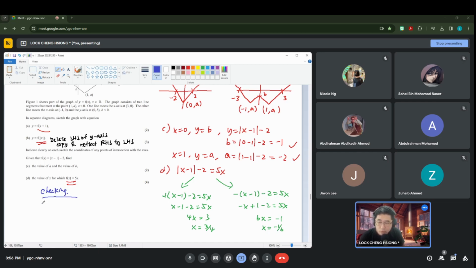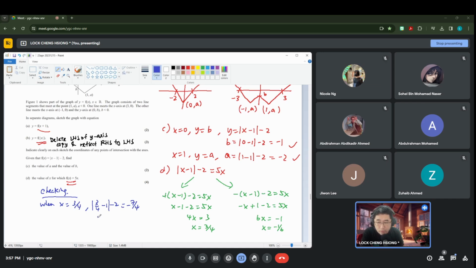Checking. So when x equals 3 over 4, modulus of 3 over 4 minus 1, minus 2 equals, press calculator, modulus of x minus 1, minus 2, calculate 0.75, so negative 7 over 4.